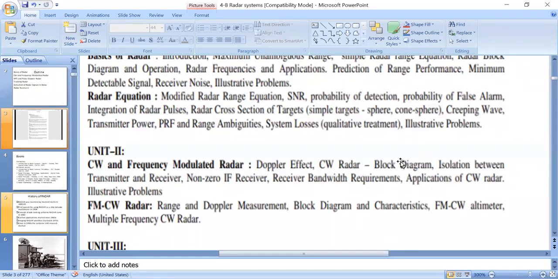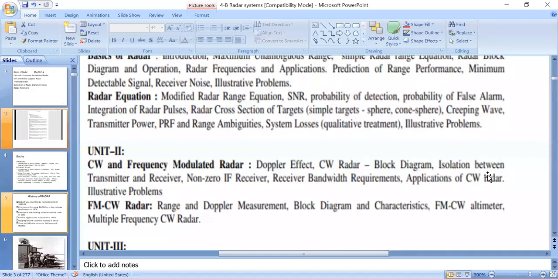So in order to provide isolation between the transmitter and receiver, in continuous wave radar with non-zero IF receiver, we are using two separate antennas for transmitting and receiving. In this one we already analyzed the bandwidth requirements, receiver bandwidth, and all the things.